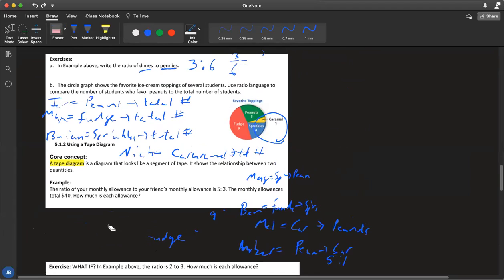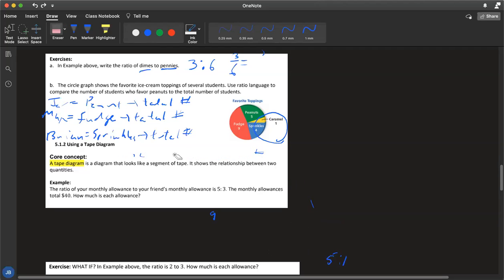So a tape diagram is a diagram that looks like a segment of tape and shows the relationship between two quantities. Make sure all this is gone. Okay, some of that stays.